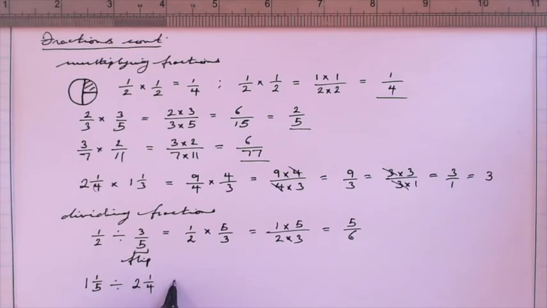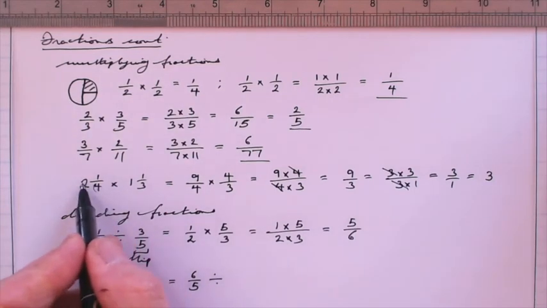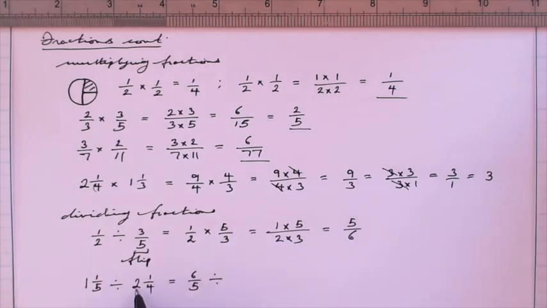Okay. Need to turn each of these into an improper fraction first. 1 1/5 is 5/5 plus 1/5, which is 6/5. Alternatively, you can take this times this plus this over 5, whichever way you prefer to convert mixed fractions to improper fractions. Divided by 2 1/4. We've already seen that 2 1/4 is 9/4. 2 is 8 quarters plus 1/4 is 9/4.